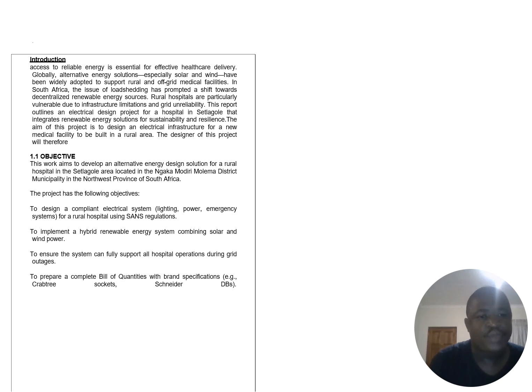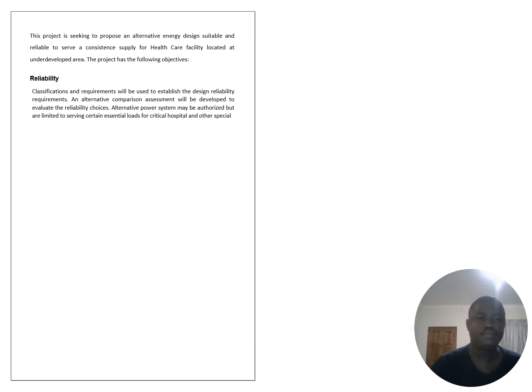The project has the following objectives: to design a compliant electrical system, lighting, power, emergency system for a rural hospital using such regulation; to implement a hybrid renewable energy system combining solar and wind power, to ensure that the system can fully support all hospital operations during grid outage; to prepare an outline bill of quantity with brand-specific reliability.